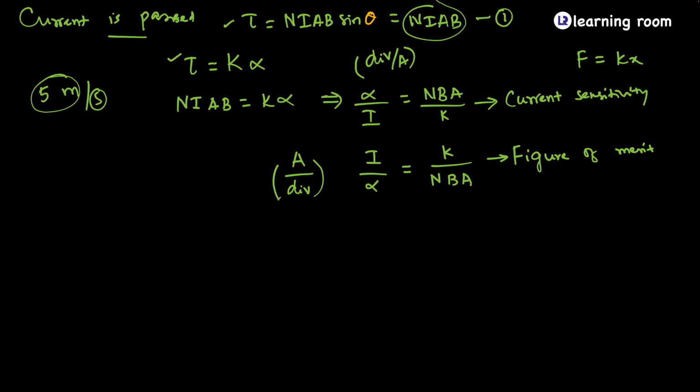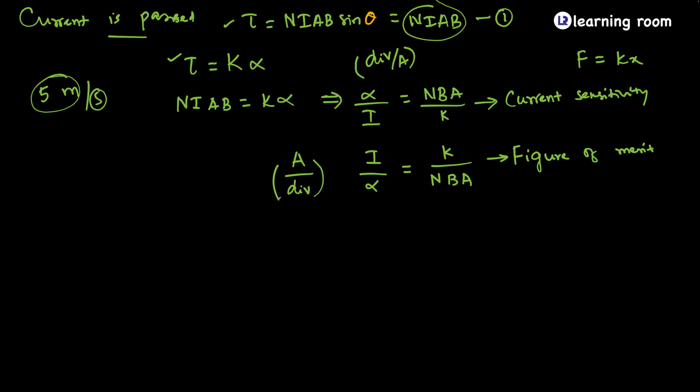If this pointer has to travel from 0 to the next reading, that is one least count, how much current you are supposed to pass defines the figure of merit of that particular galvanometer.